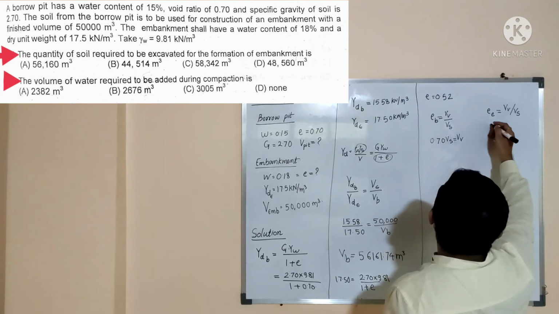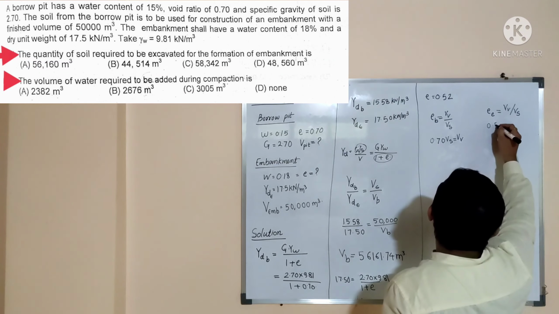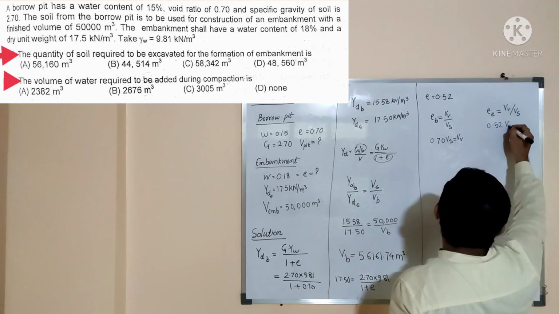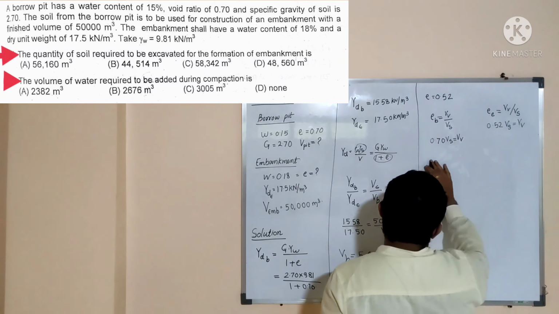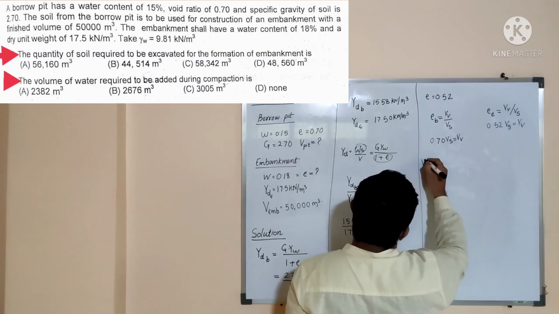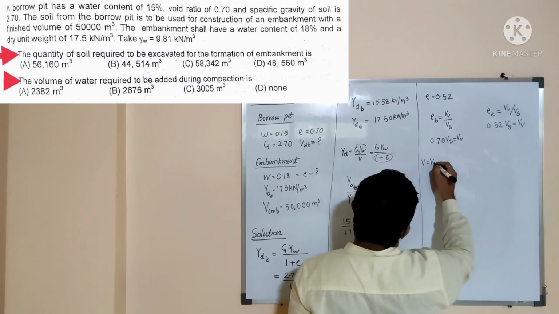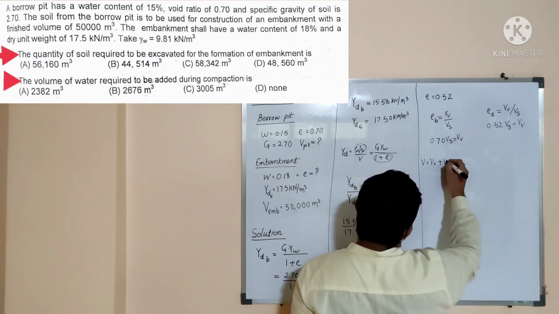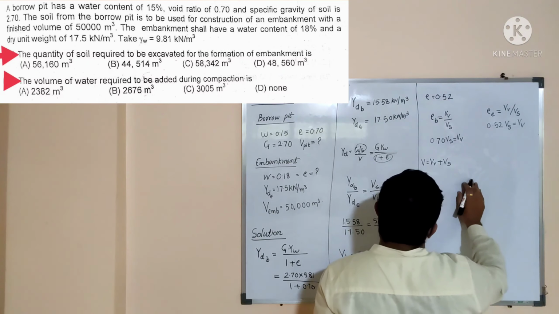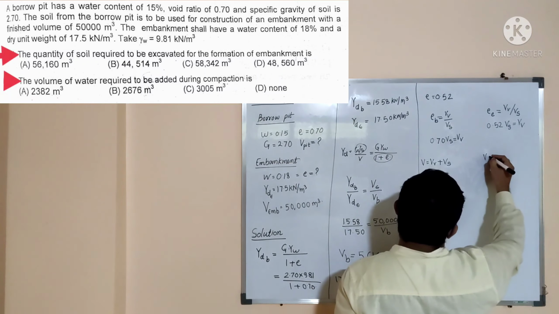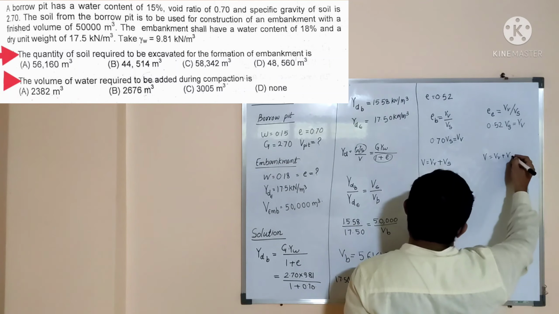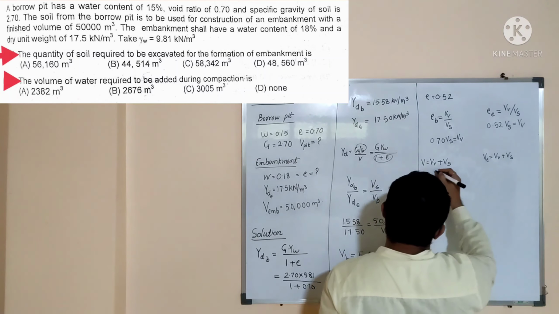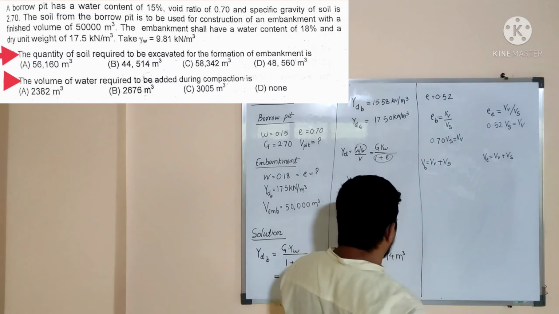The total volume of soil is equal to volume of void plus volume of solids. Here also V is equal to volume of void plus volume of solids, VE, and this is VB.